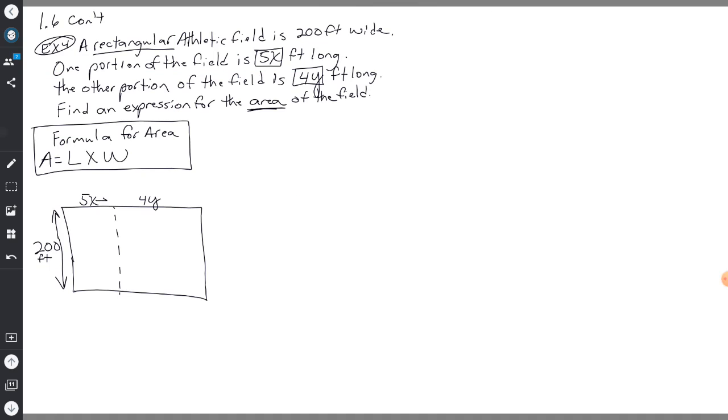So 5x will go up to this point, and 4y will cover this point. And we want to create an algebraic expression out of this, given that we know the formula for the area is the length times the width.